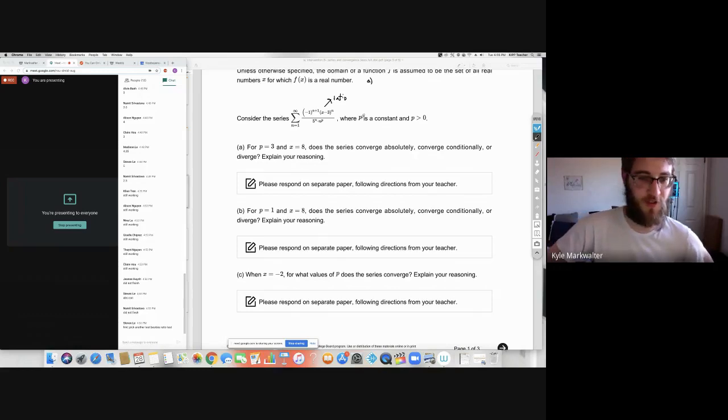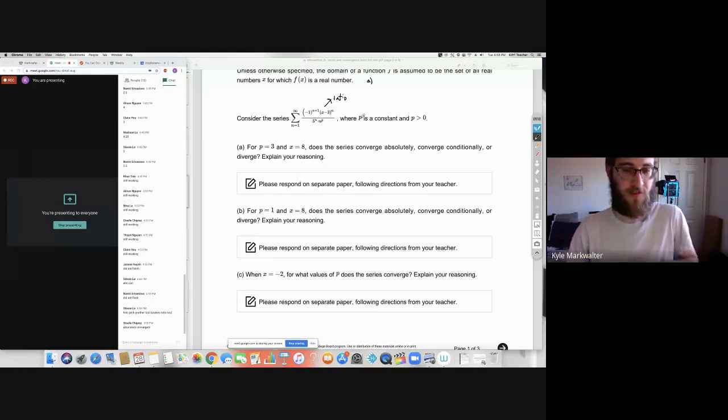Absolutely convergent, conditionally convergent, divergent, did not finish. Still says absolutely convergent. Let me know, absolutely convergent, conditionally convergent, divergent, still working.